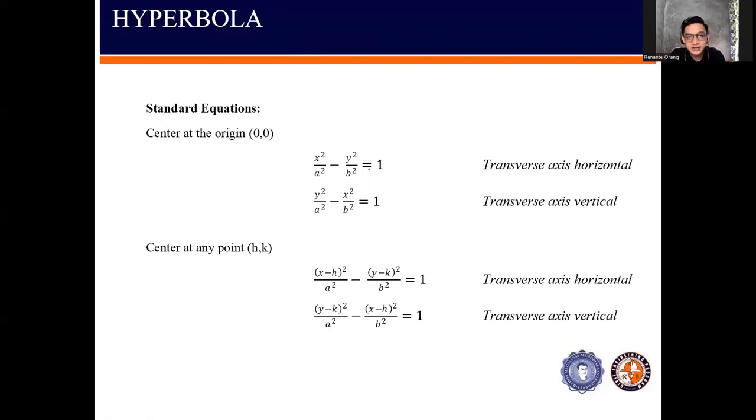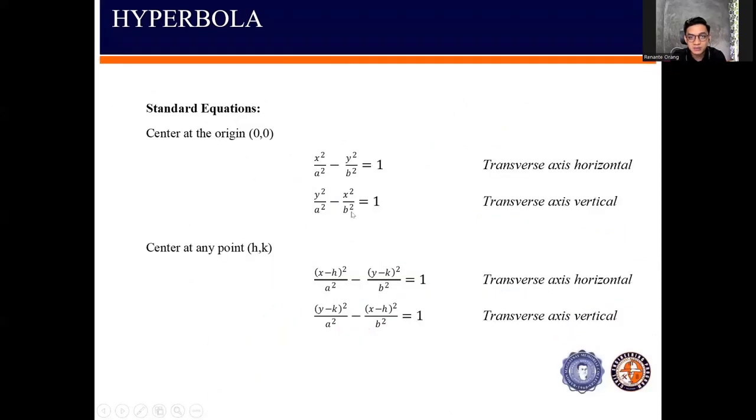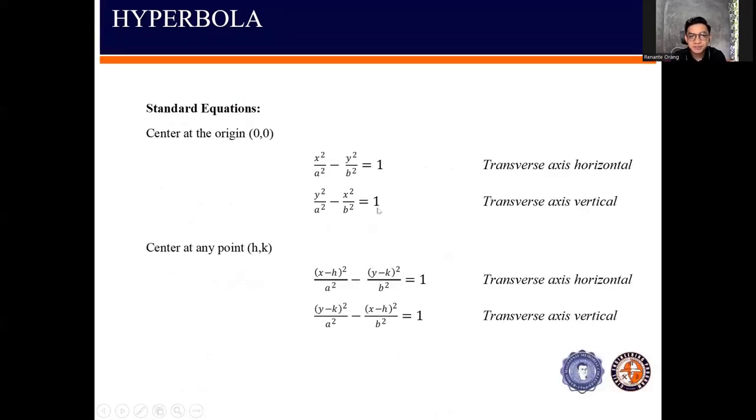For example, pag yung hyperbola natin, same sa figure natin kanina, na yung center natin is nasa ating origin, ibig sabihin po 0 yung ating D at saka yung ating E. So pag ganyan, yung ating standard equation is x squared over a squared minus y squared over b squared is equivalent to 1. Medyo similar lang po siya sa ating equation sa ating ellipse, but don't worry.